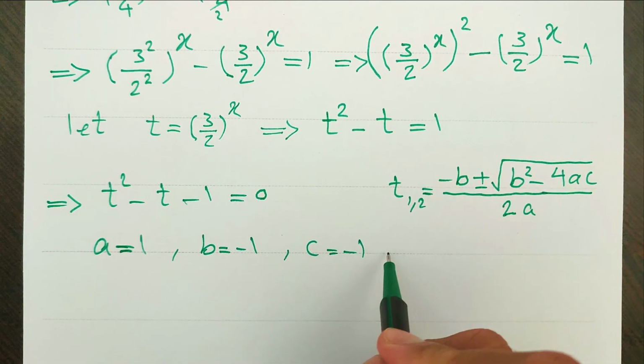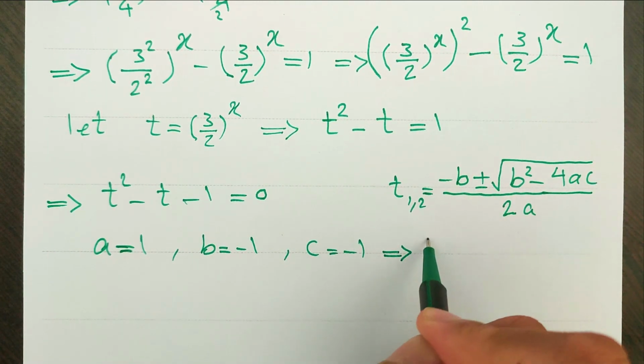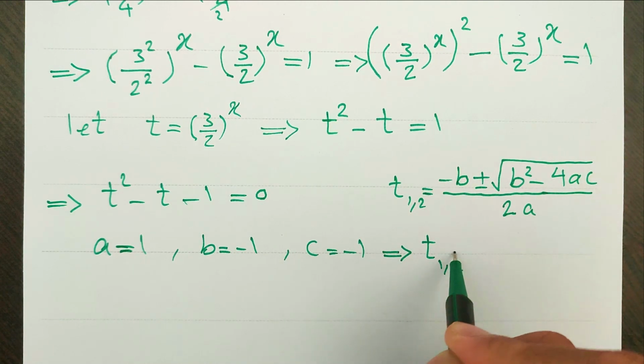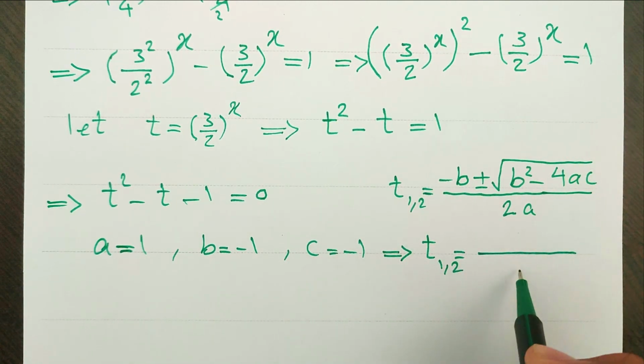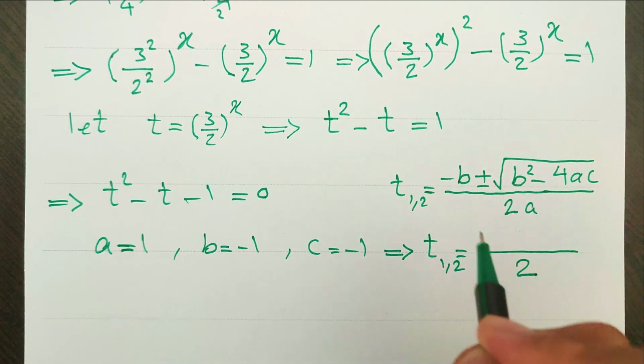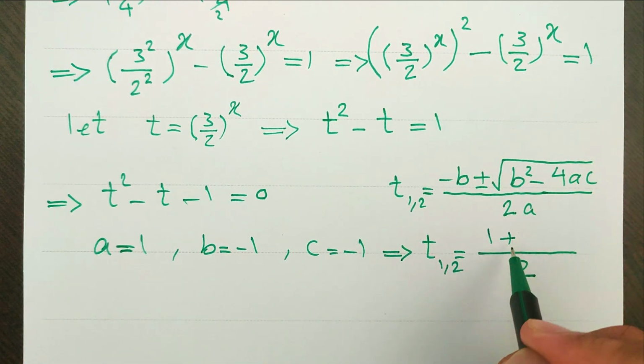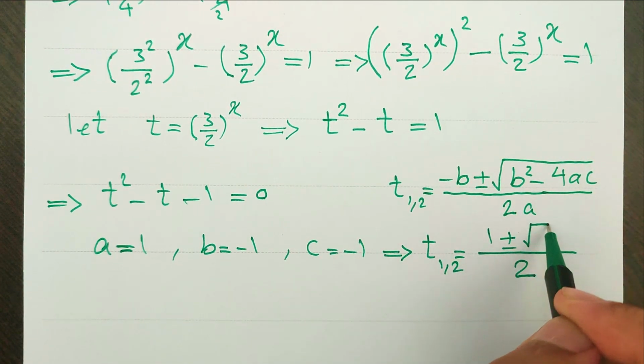And if we substitute these values, in the denominator we have 2, and for the numerator 1 plus or minus the square root of 5.